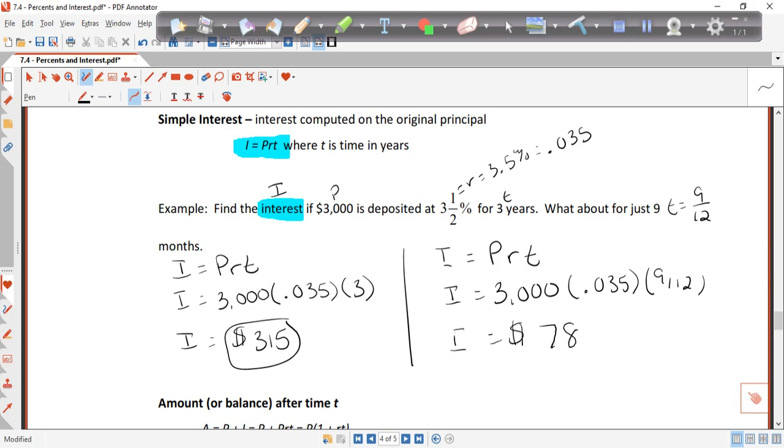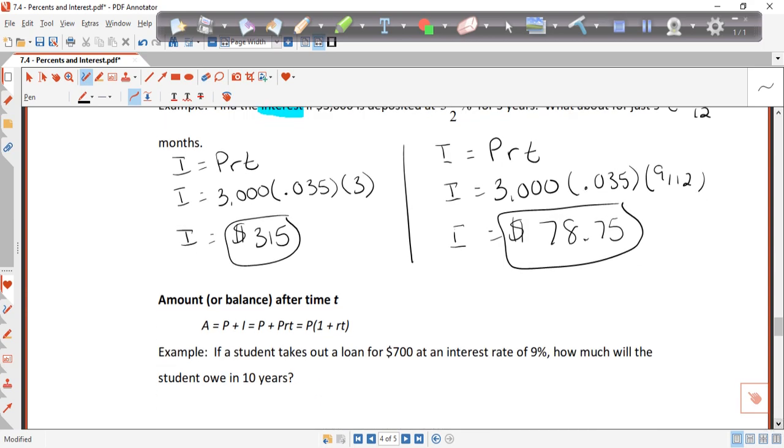And we get $78.75. Now notice I wrote the formula for both of these. I want you to do that so that I could see what formula you're using, and then I will look to see that you plugged it in correctly, and then your final answer. So if you just give me a final answer, it's right or wrong, but if you show me the formula you used and it's correct, and then you plugged in the numbers correct, I could give partial credit.